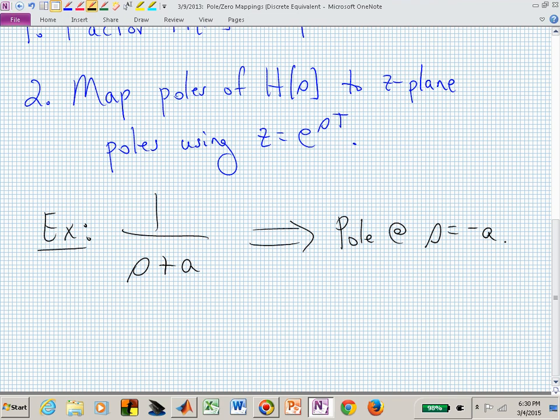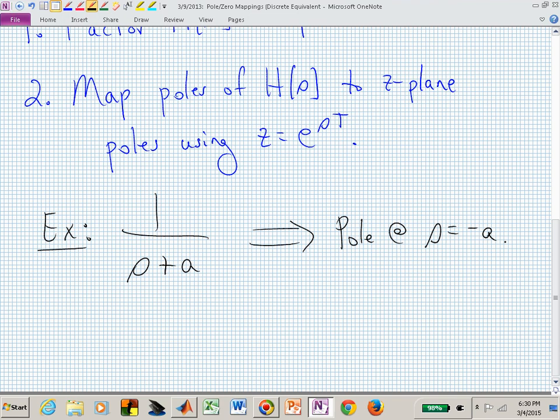Yes, the pole's in the left half plane. That's really just a low-pass filter, isn't it? Maybe you don't like the DC gain. What is the DC gain of that low-pass filter? 1 over A. May be fine, may not be. That's not what we're interested in.